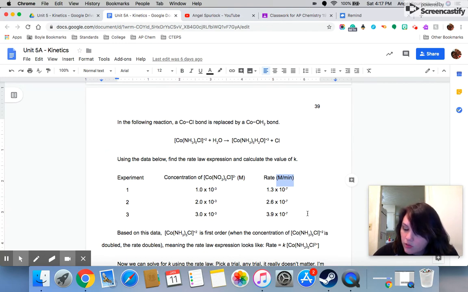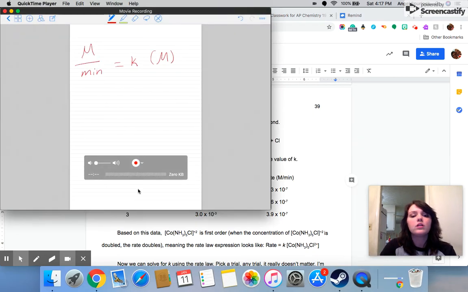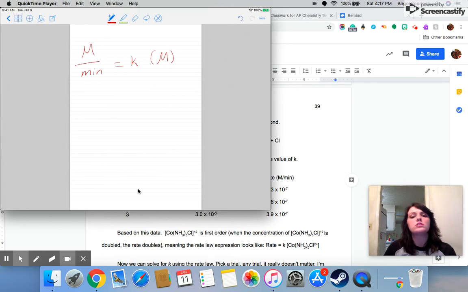I'm trying to solve for K, and I already know that the concentration is in molarity, right? So I set up my equation the exact same way that I set up the equation to solve for it numerically. Instead of just using numbers, though, I just use their units.